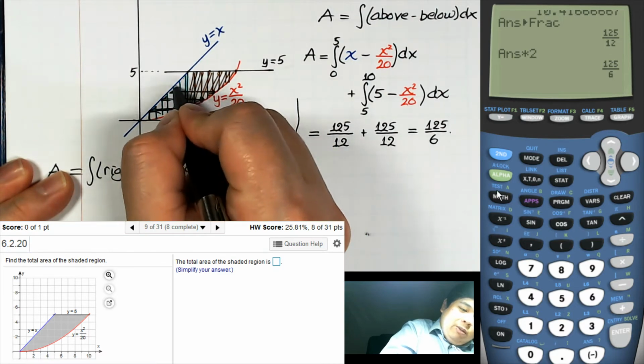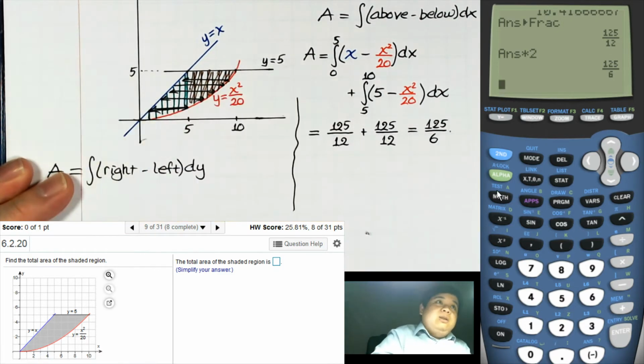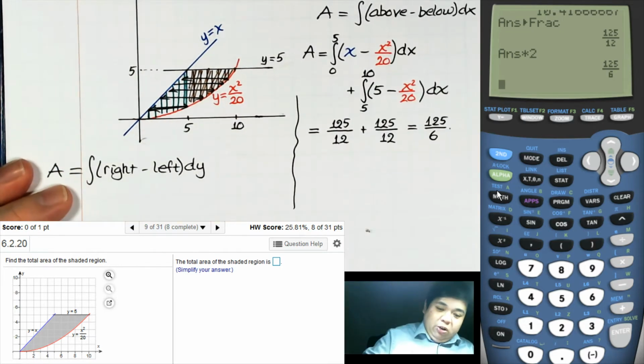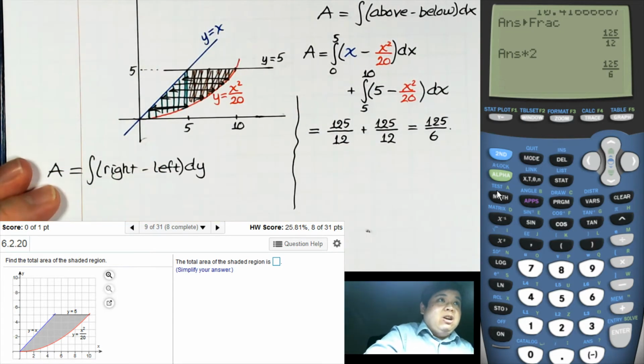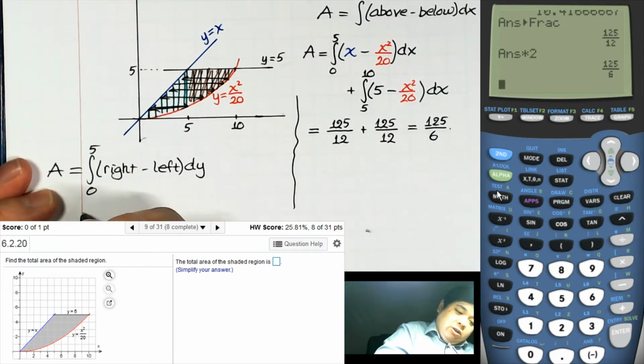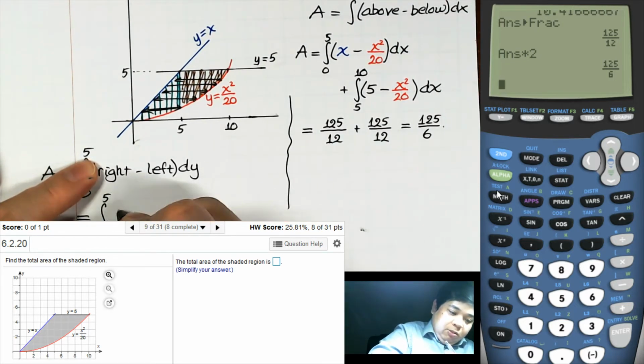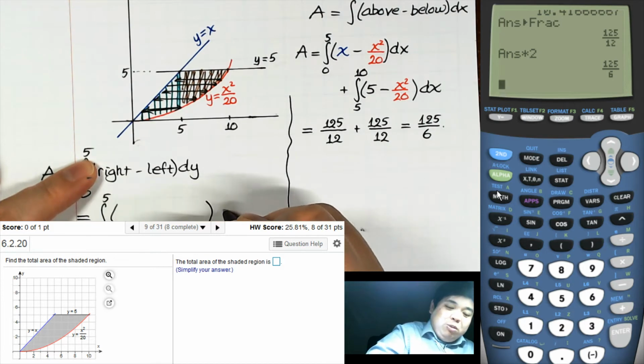As you see, all of it is bounded on the left by the curve and on the right by the diagonal line. So one boundary on the left, one boundary on the right. So we only need one integral. The right function is something, but it has to be in terms of y.